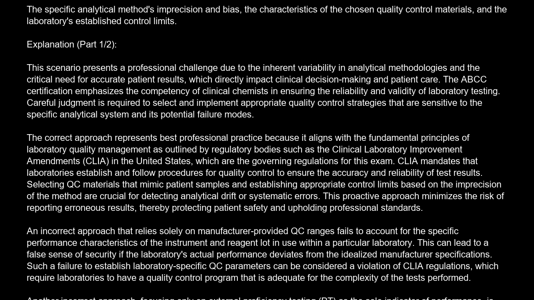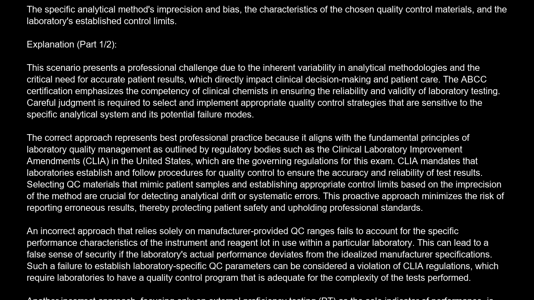Selecting QC materials that mimic patient samples and establishing appropriate control limits based on the imprecision of the method are crucial for detecting analytical drift or systematic errors. This proactive approach minimizes the risk of reporting erroneous results, thereby protecting patient safety and upholding professional standards.